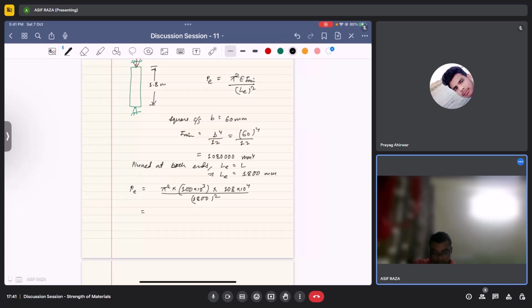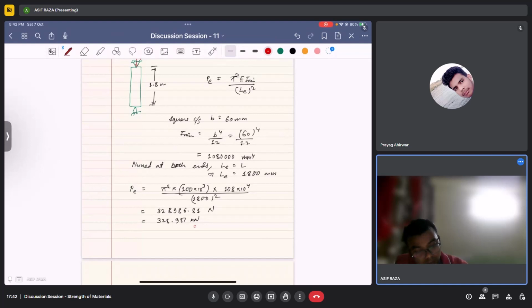Pi square into 100 into 10 power 3 into 1080,000 divided by 1800 square comes around 328,986.81 Newton, or I can write it as 328.987 kilonewton.